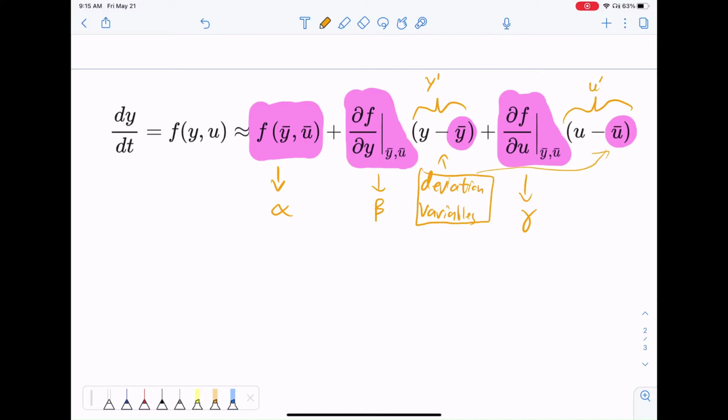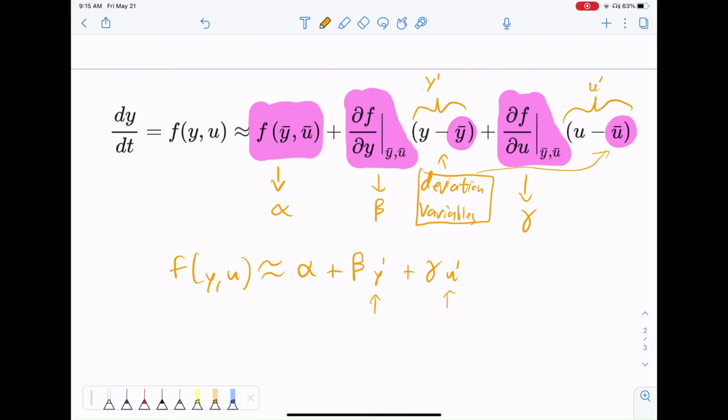So our final equation can also look something like f of y and u is, make those squiggly, approximately alpha plus beta y prime plus gamma times u prime. Obviously this equation depends on which variables we have deviating and how many there are.